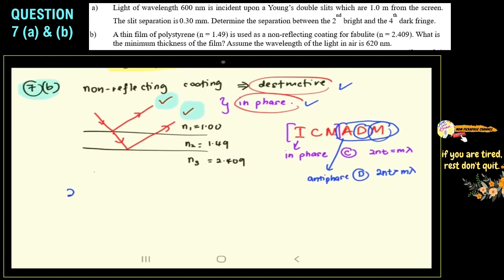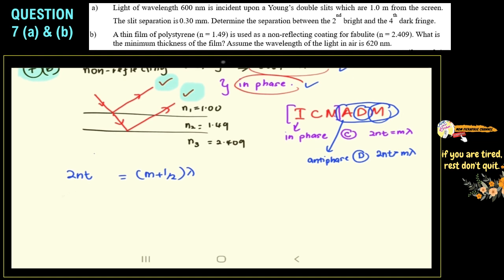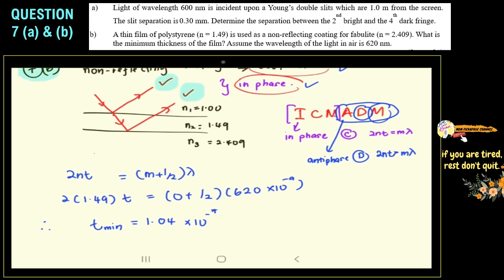Now let's substitute all the values. n is equal to 1.49, t, and we want to find the minimum thickness, so m we substitute 0 plus half, and lambda is equal to 620 nanometer. Therefore the minimum thickness of the film is equal to 1.04 exponent negative 7 meter. So this is the answer.